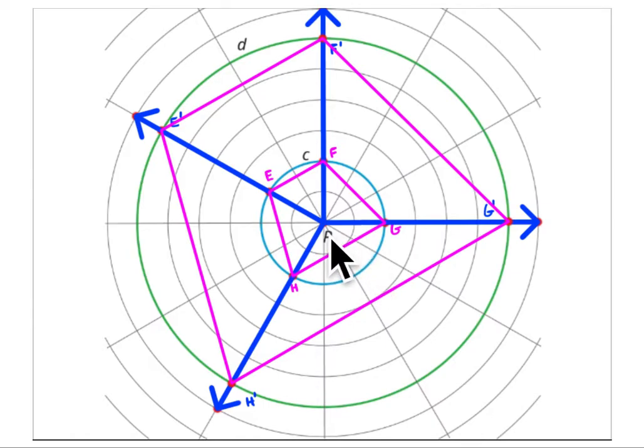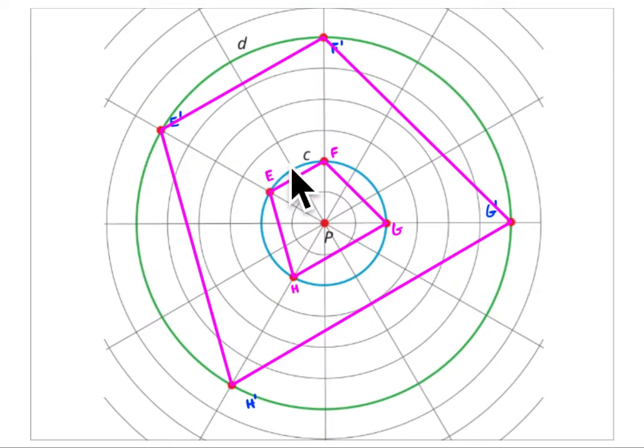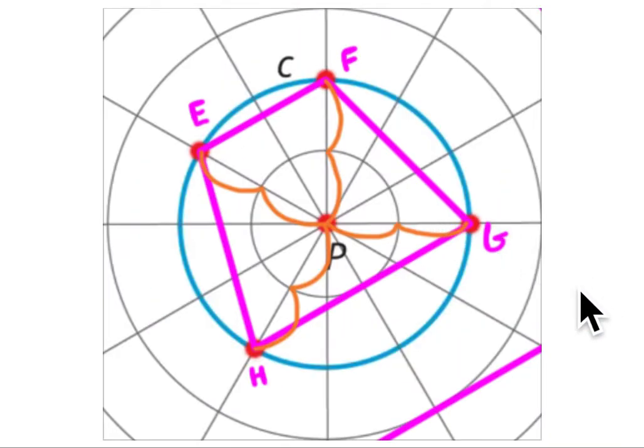And then it asks you to figure out what's the scale factor. So P is called the center of dilation, and the scale factor is what you multiply by to go from the blue circle or the smaller trapezoid to the larger circle or the larger trapezoid. So what do you multiply by to go from 2 to 6? Well, I'm going to zoom in a little bit and show you the 2 units. There's 1 unit, 2 units.